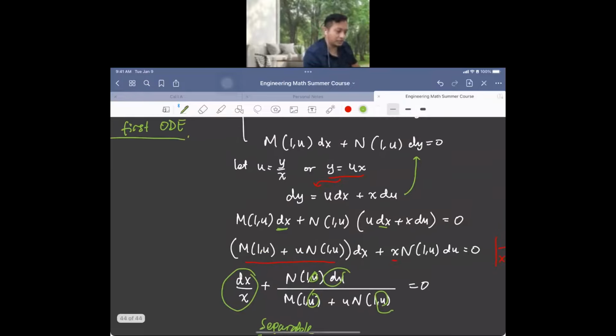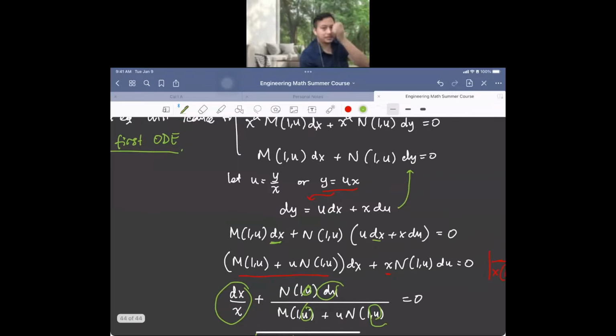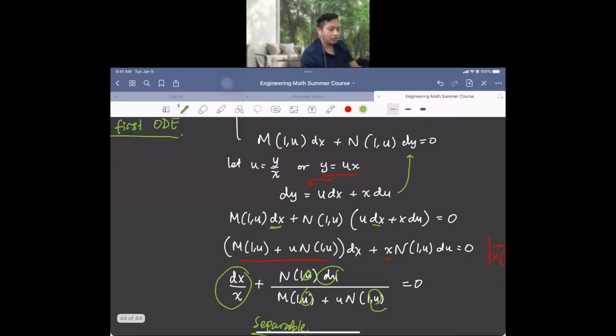So that's how we actually use the substitutions. It's not really practical because I'm not using specific functions as in the examples, but it just shows that when we take the substitution, our homogeneous equations become separable ones. Let me show you in a more practical way.